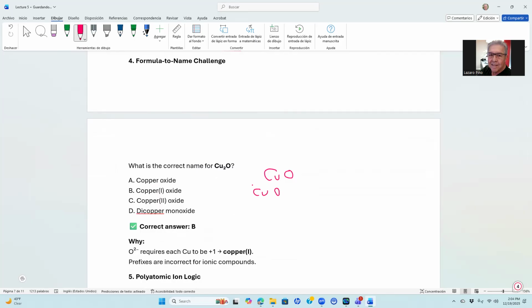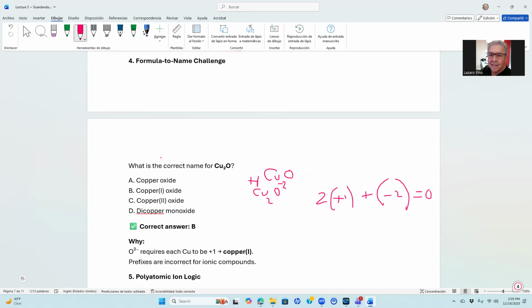Yes, in this case you have 2 copper(I) and an oxide that is 2-. 2 times +1, plus -2, gives you 0, and the compound is neutral.